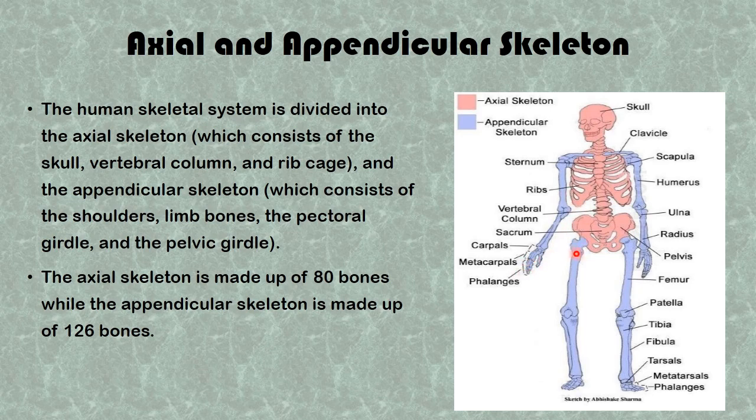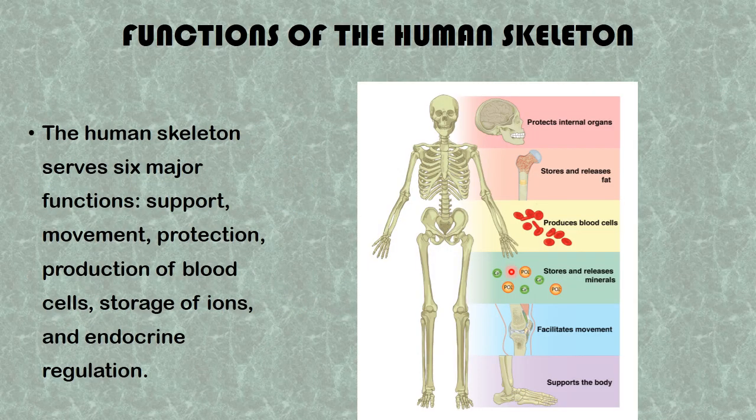Similarly, the leg bones are attached to the pelvic girdle, while the arm bones are attached to the pectoral girdle. The femur attaches directly to the pelvic girdle. Then we have the patella or the kneecap. Then we have the tibia and the fibula.